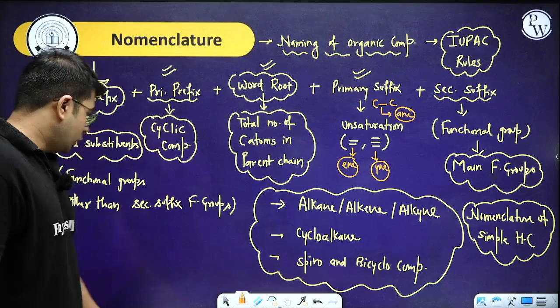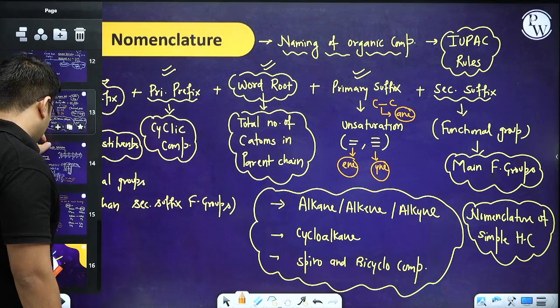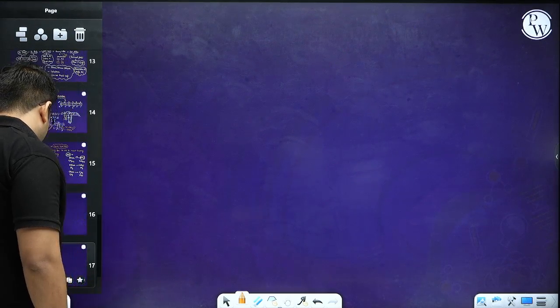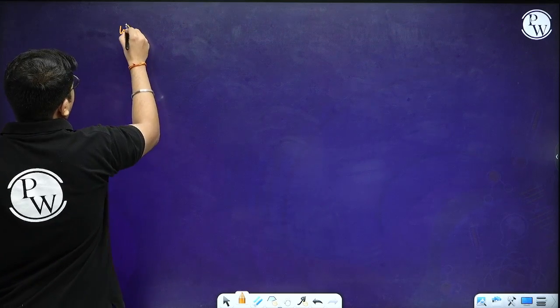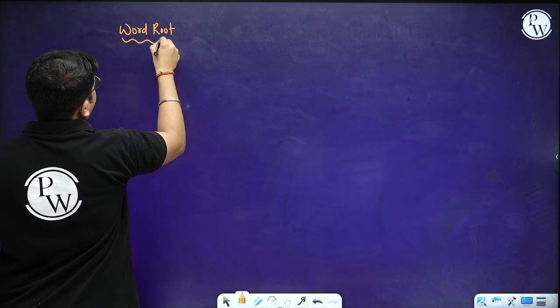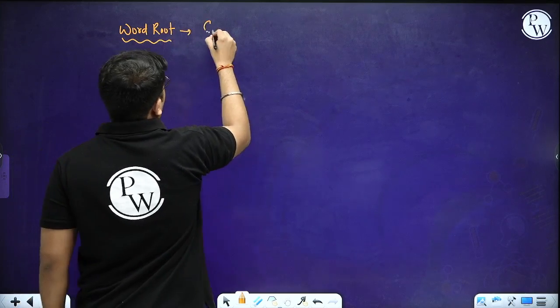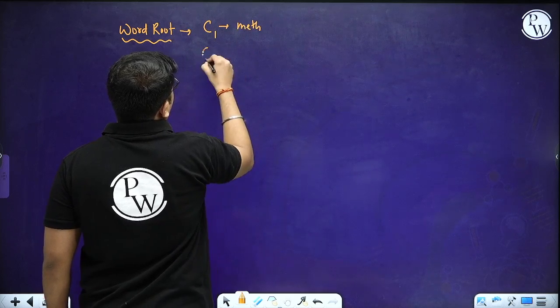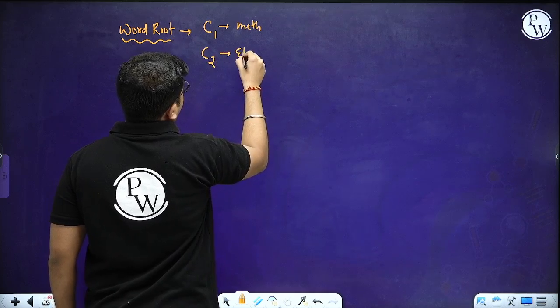Okay. So in the nomenclature itself, if I talk about the word root, it's very easy. One carbon atom means it is meth. Two carbon atoms, eth.